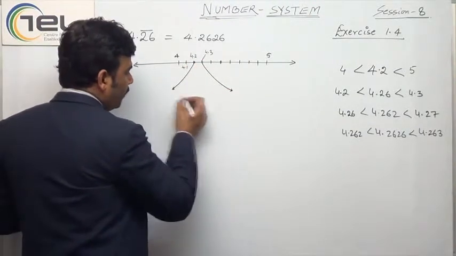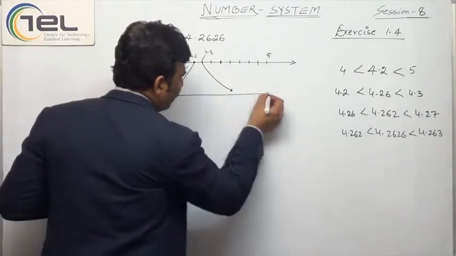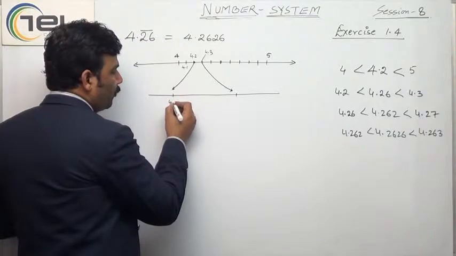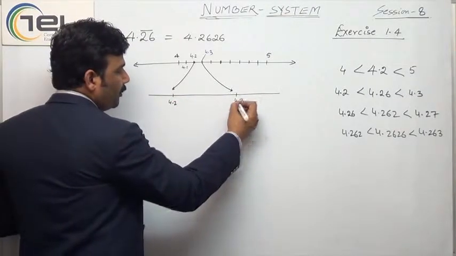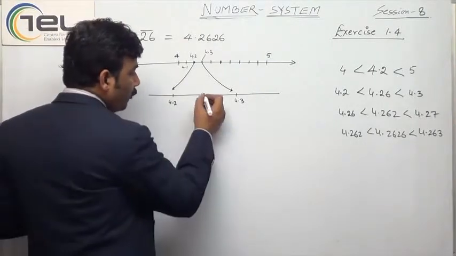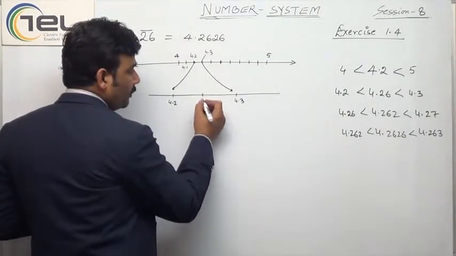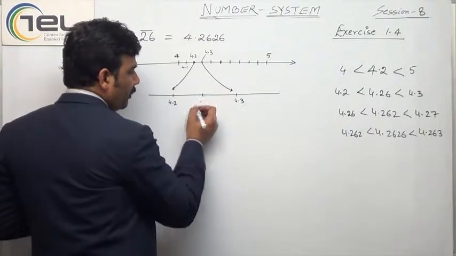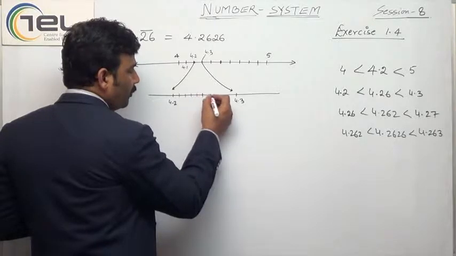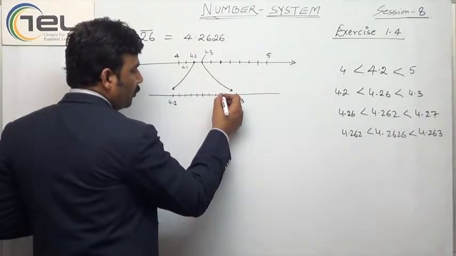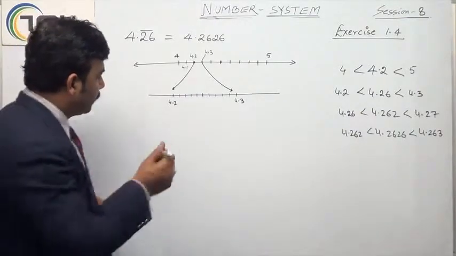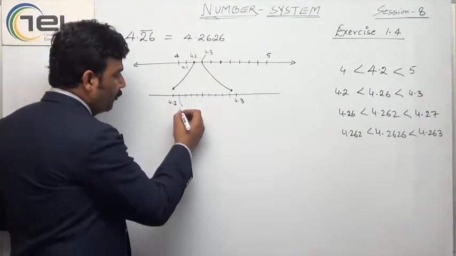I magnify this and make it another line, putting these 2 points, 4.2 and 4.3, here. Here we have 1, 2, 3, 4 parts.